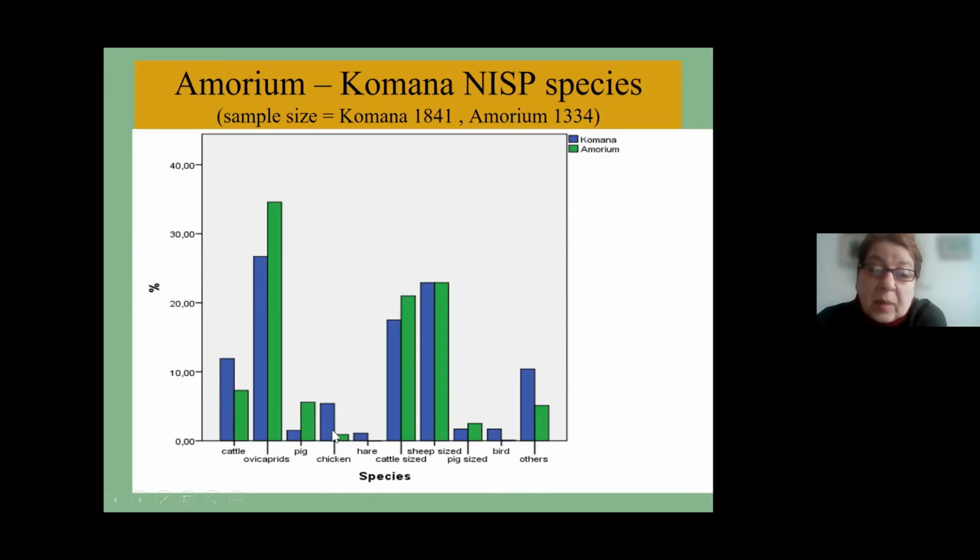And probably the real differences are between pig and chicken. You see Komana with minimal pig and abundant chicken, and Amorium exactly the opposite trend, probably an ethnic and religious indication.